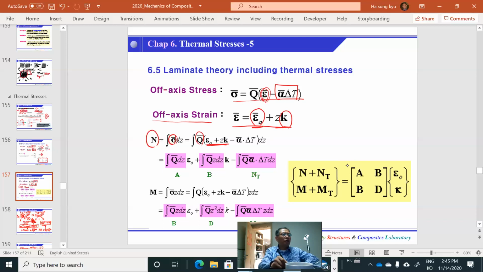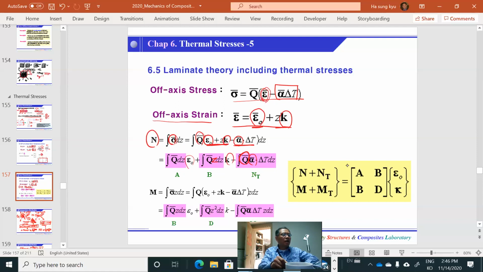Now this is given, same as before. Now we have a new term due to our temperatures. Integrate, and we already know epsilon 0 and curvature are constant, so they are out of the integration. And notice that there is a z inside the integration. Very importantly, we have new terms, Q bar and alpha bar. Alpha bar is from this CTE, and delta T and dz.